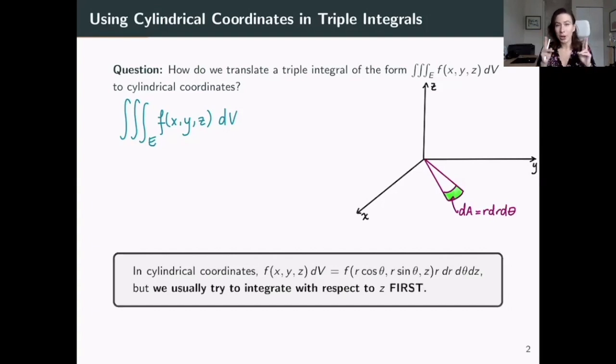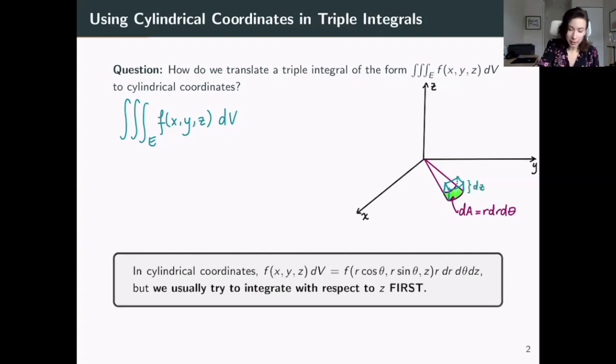Now that we have our dA in the xy plane, we need to give this some kind of dimension. We're going to give it that dimension by giving it a little bit of a dz, a height, thus giving us a volume. So we can imagine lifting up these pieces so that I end up with a little volume that looks something like this, where I have this as my dz.